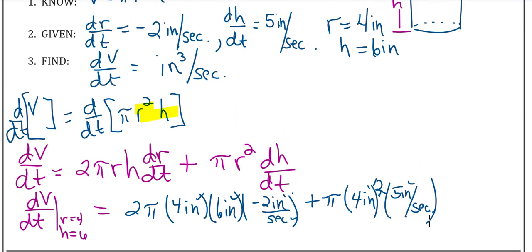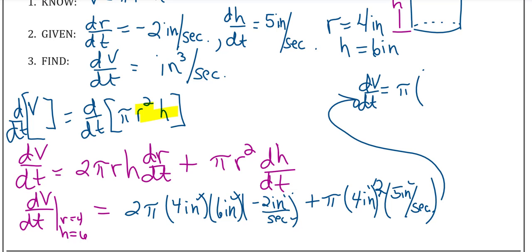I'm running out of space there, so I will just continue up this way. So that's going to give me dV/dt equal to, and I'm going to factor out the pi now. I'm going to have 2 times 4 times 6. Well, actually, I'm going to have 8 times 6 times negative 2.